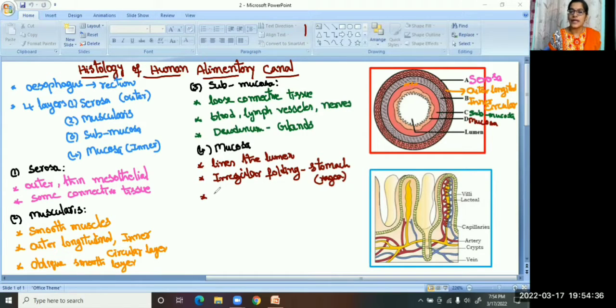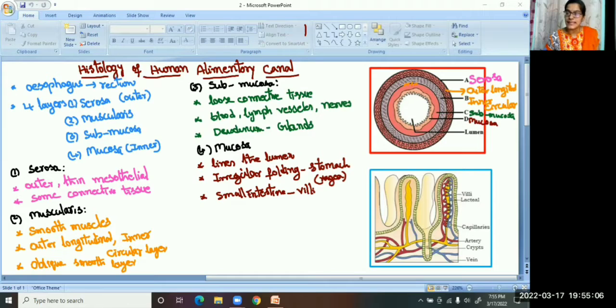In the small intestine region, finger-like projections are present, which are known as villi.